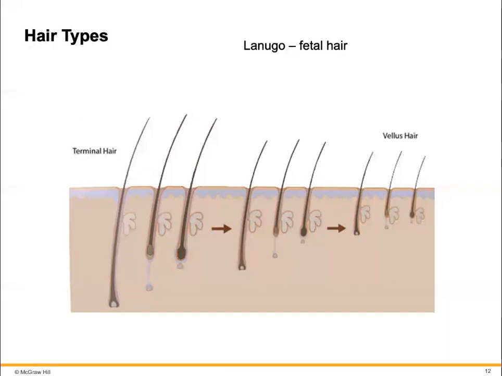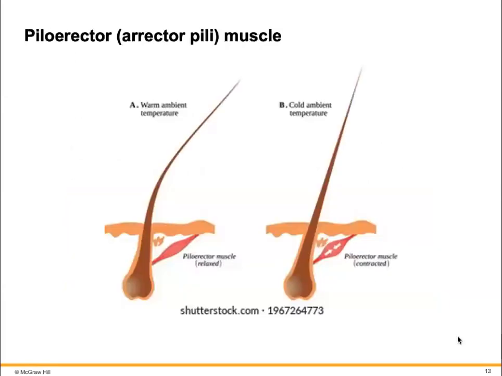Now, another accessory organ of the skin that I want to talk about while we're looking specifically at hair is the piloerector muscle, which is also referred to as the erector pili muscle. A lot of people think that the piloerector muscle has stuck around just because there's an evolutionary basis to it, but it really doesn't do much for us in terms of survival.